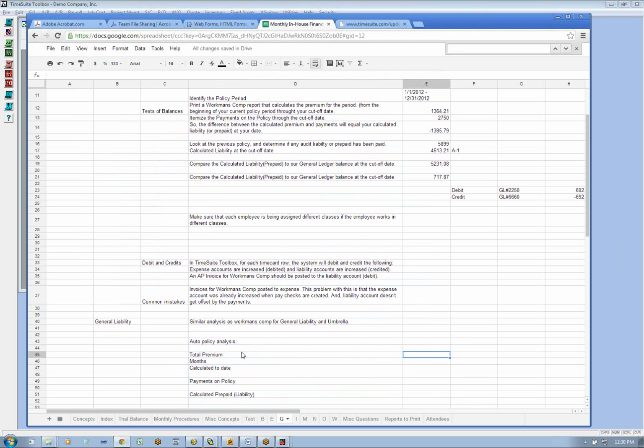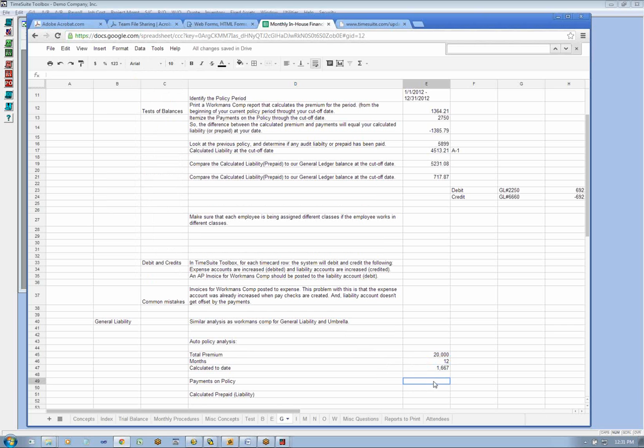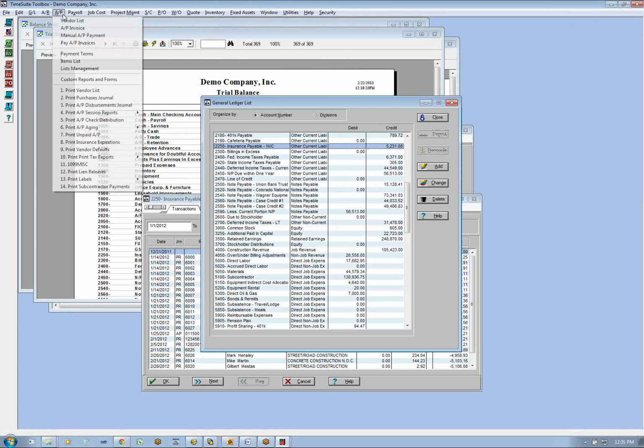So let's say in our analysis, our total premium was, let's say we had a $20,000 premium. Divided by 12 months, it's going to be $1,667 a month. And so then let's say we had payments on that policy. We'd go over to the general ledger vendor.